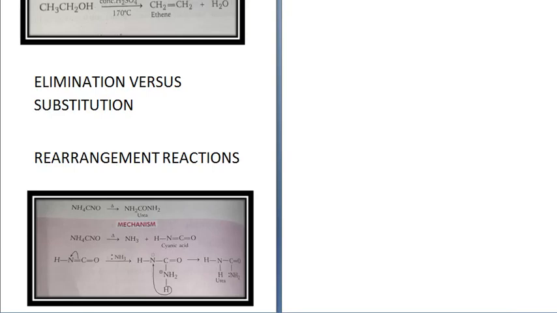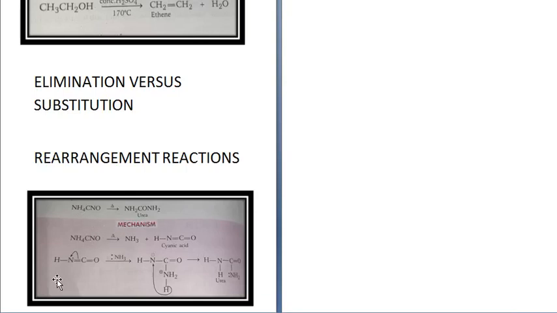Now this is ammonium cyanate, NH4CNO. When you heat it, it gets converted to NH2CONH2. Now see, in both the compounds there are 2 nitrogen, 1 carbon, 4 hydrogen and 1 oxygen. Molecular formula is the same, but this was ammonium cyanate and this is urea.